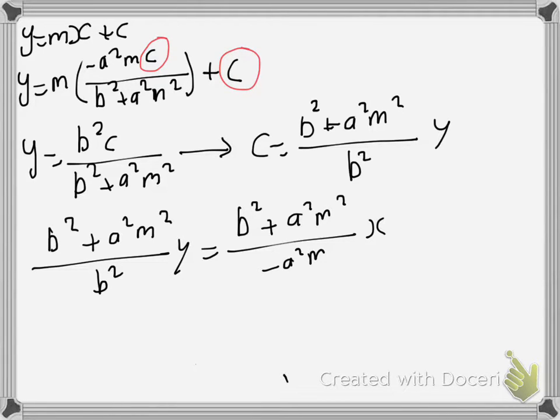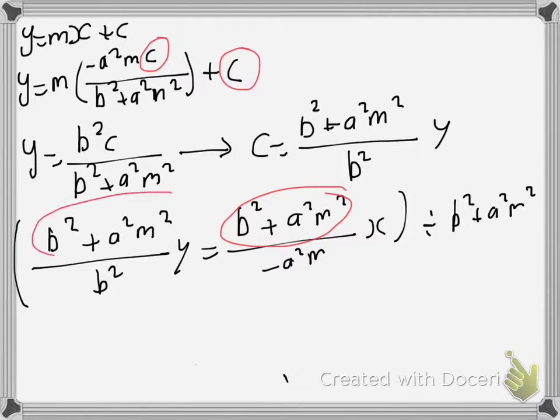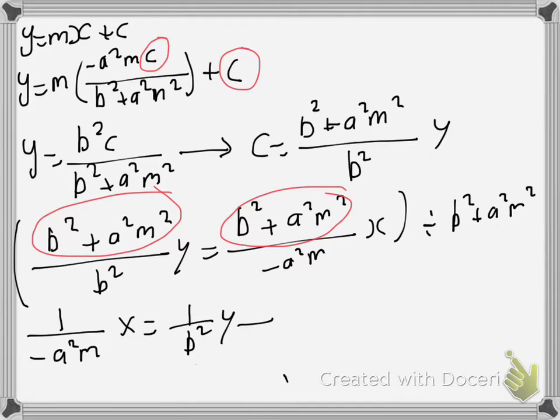And if you rearrange that equation, the best way is to divide both sides by b squared plus a squared m squared. As you can see, it's the same denominator. We simplify it here, and that will give me 1 over negative a squared m x equals 1 over b squared y.